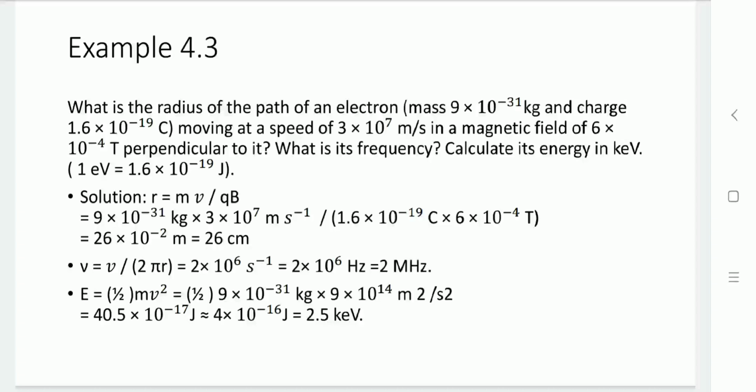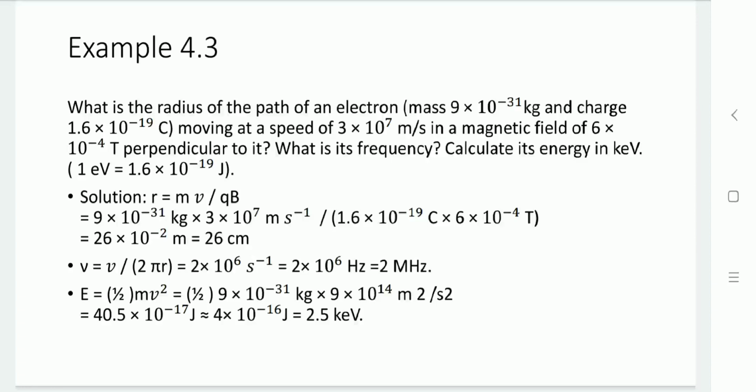Now the radius has the equation mv by qB. Mass is given, 9 into 10 raised to minus 31 kilogram. Velocity is given, 3 into 10 raised to 7 meter per second. Charge is 1.6 into 10 raised to minus 19 coulomb. And B is given, 6 into 10 raised to minus 4 Tesla.